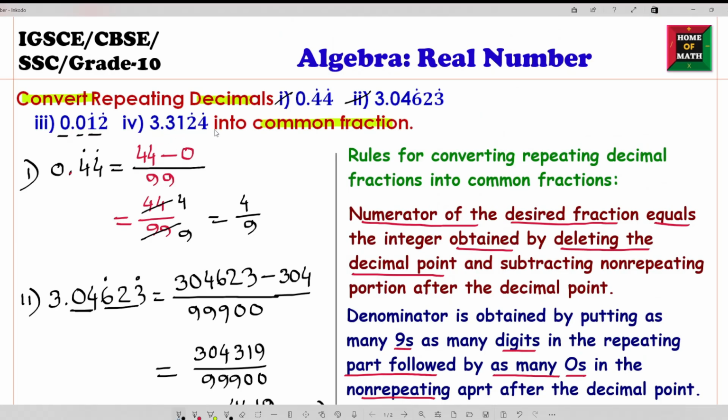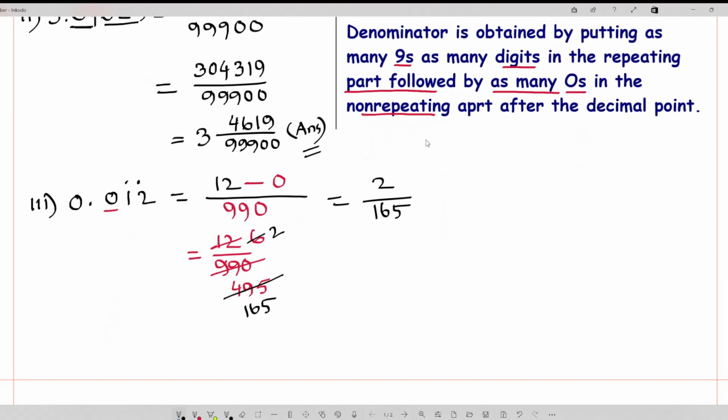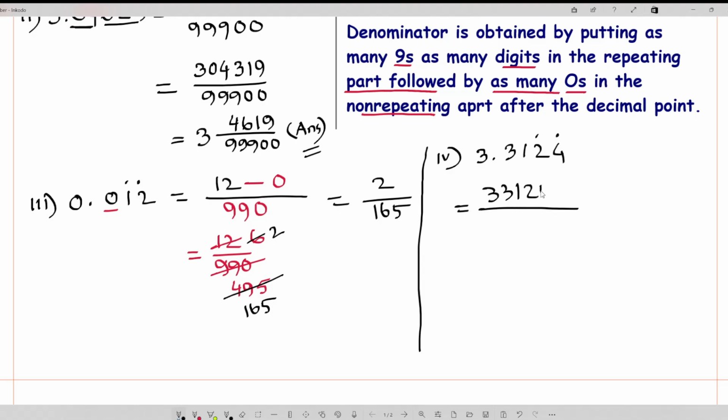Now number 4, 3.3124, where 24 is the repeating decimal. So first we write 33124, then subtract 331.